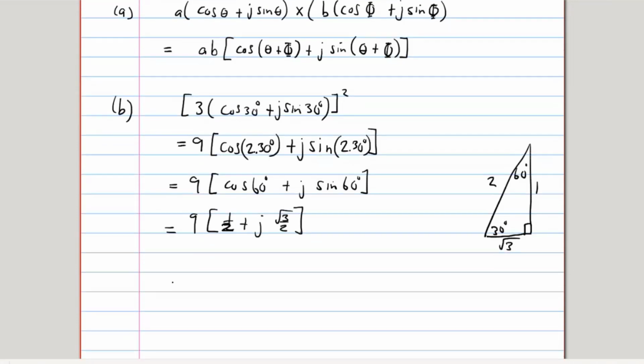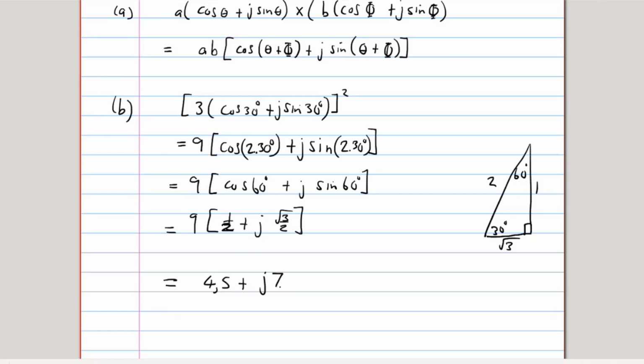So you can write it in that form. You can leave it in that form, or you can simplify further and multiply the 9 outside by all those numbers. 9 times half is 4.5, and then you have J times 4.5 times square root of 3, which gives roughly 7.79.